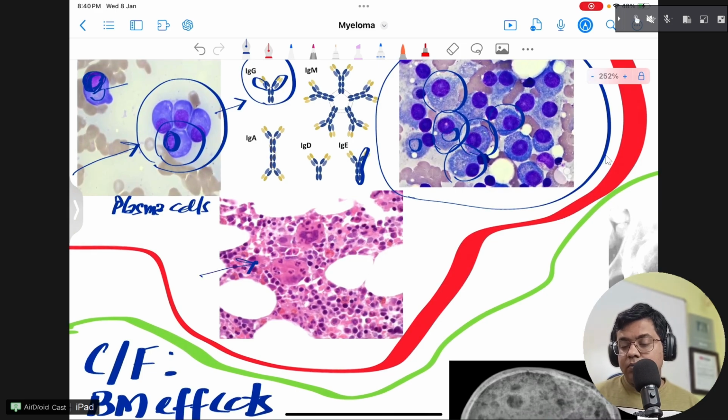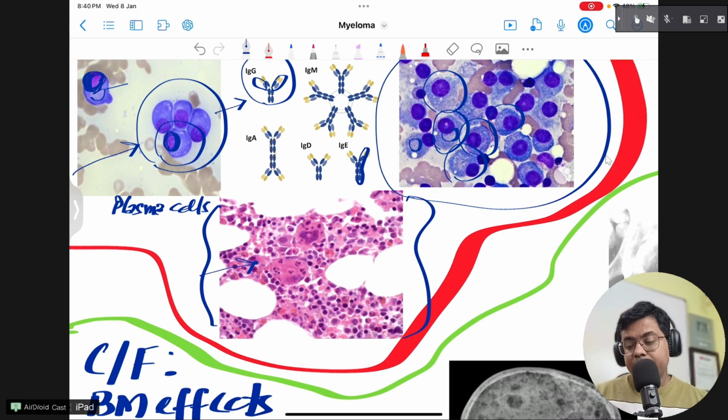And this is a normal bone marrow. Here, this is a biopsy from bone marrow. Here you can see that there are different types of cells. This larger cell is one megakaryocyte that produces platelets within our body. This is another megakaryocyte.